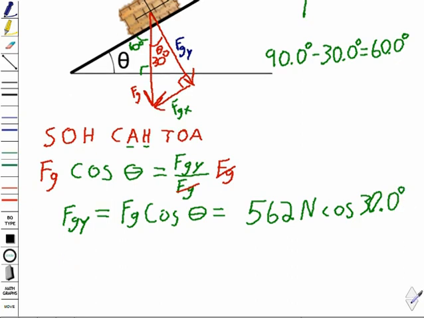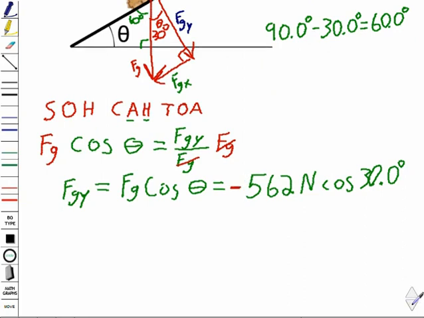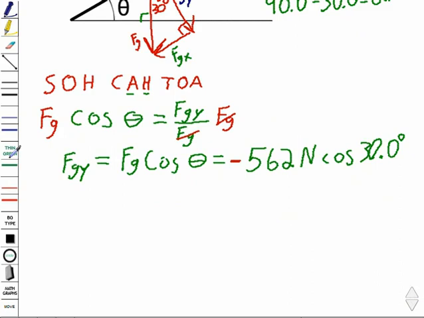I know it's actually 30.0 degrees, and I'm putting it there because we have some significant figures we'll need in a little bit. And I also know that my weight goes downwards. Since it goes downwards, that's the negative direction. So you want to keep track of that. Otherwise, you're going to get an answer that's positive, meaning it's going up and the Earth is repelling you, which is not what we want.